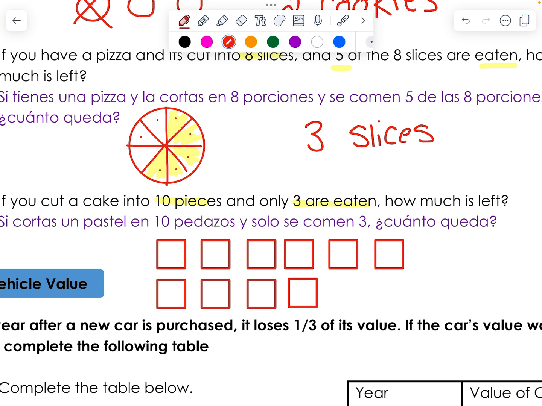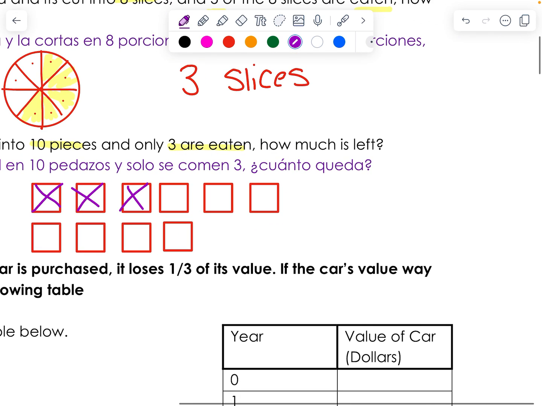Okay, so if we eat 3 of them, so 1, 2, 3 are gone, we are left with 7 pieces, or 7 slices. It's cake, I don't know. 7 pieces of cake.